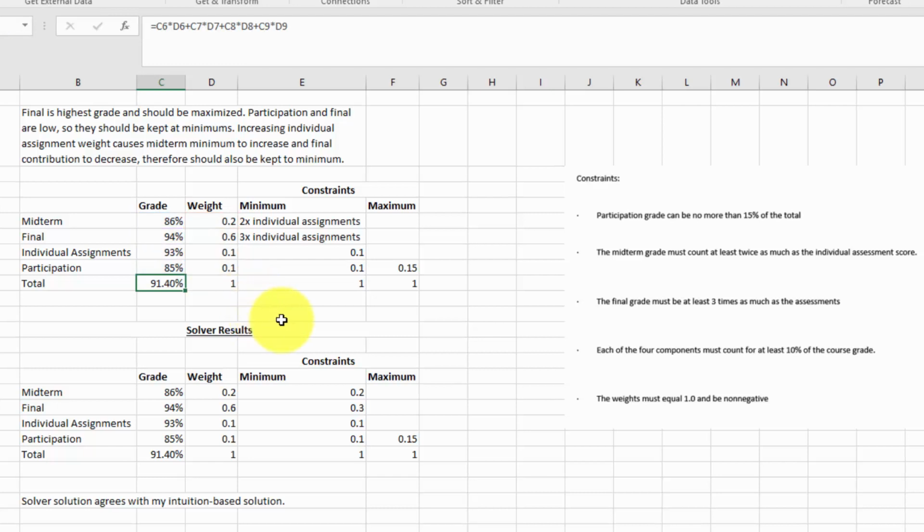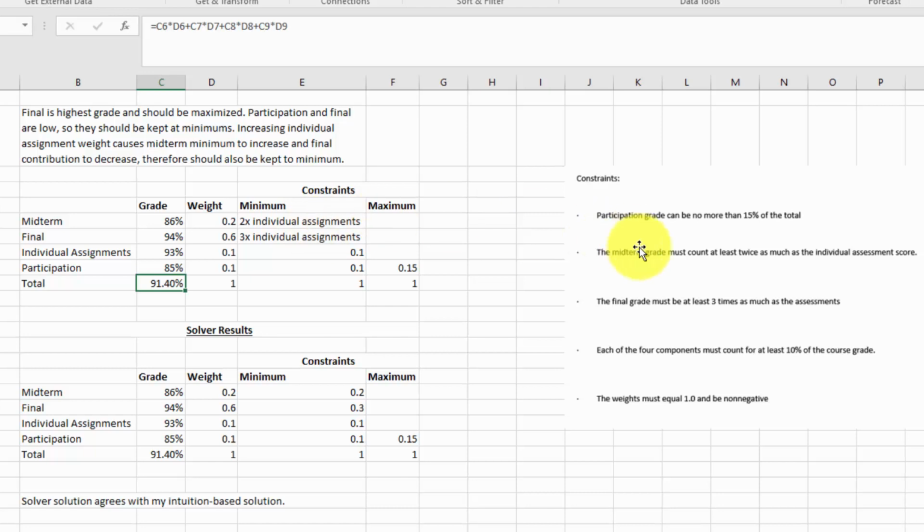Okay, now let's look at how to set up the constraints one way. And a way to think about them: constraints generally have a minimum value and a maximum value. So this person said, well, for my midterm, it has to be 2 times the individual assignment.